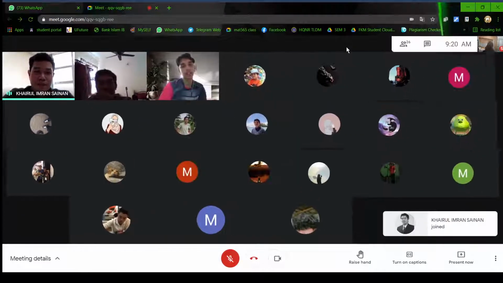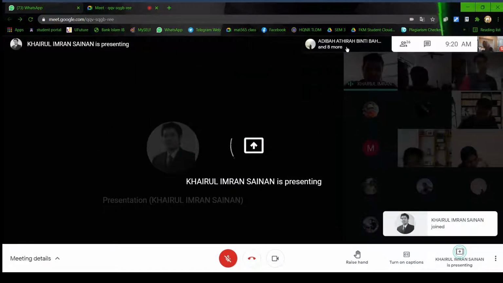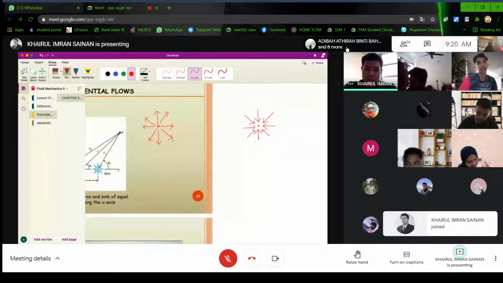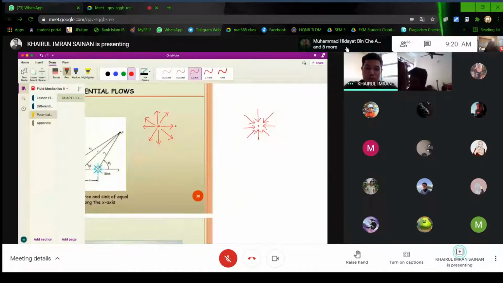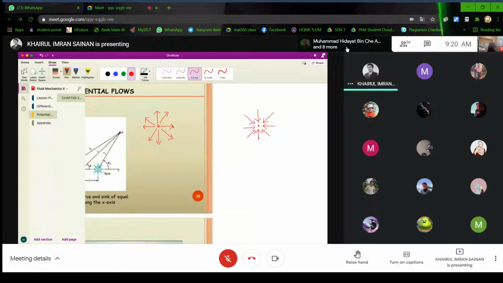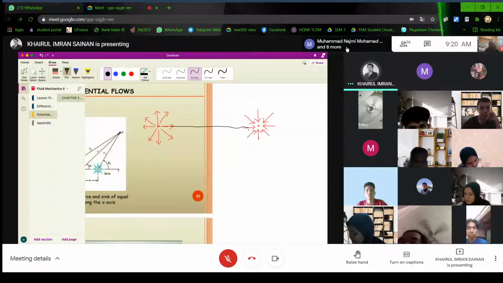Yeah, almost all of you know how to draw this doublet. So what's gonna happen is this straight line, this different color, you're gonna combine with this one. Because this one is source and this one is sink.